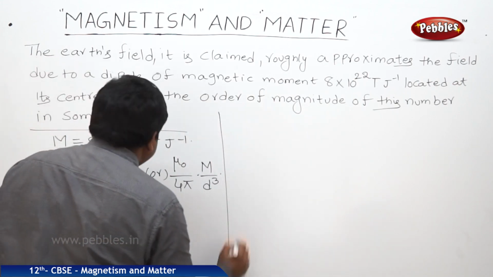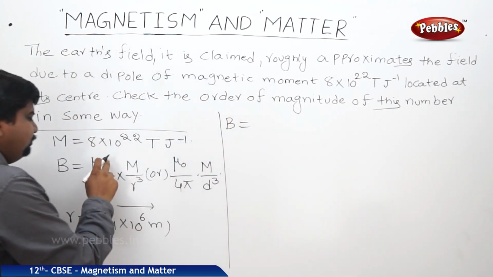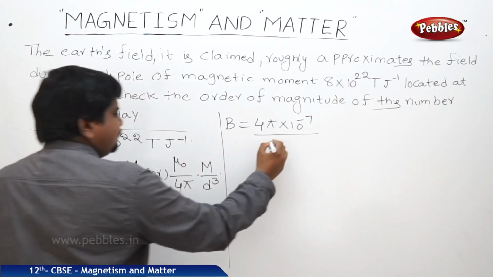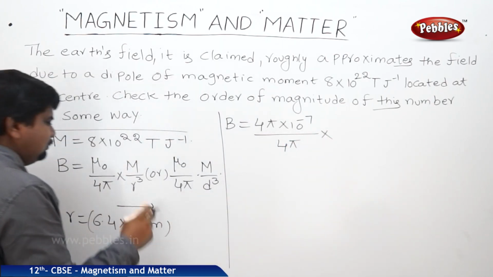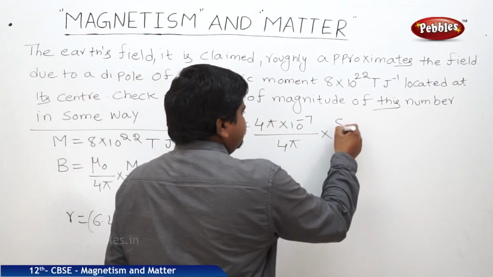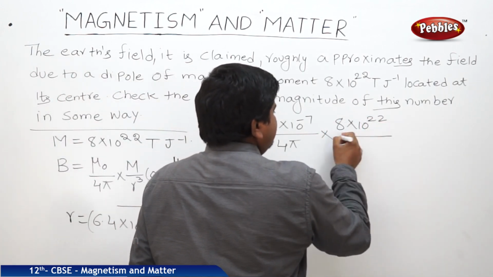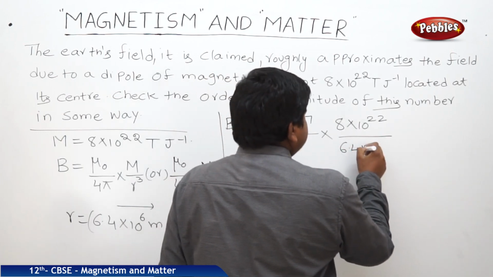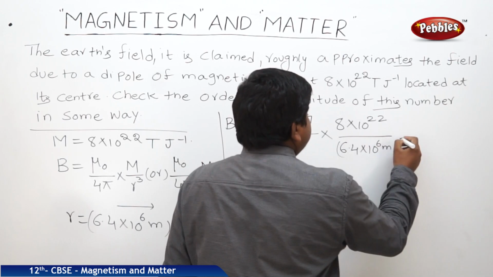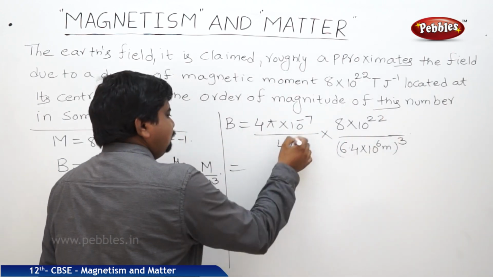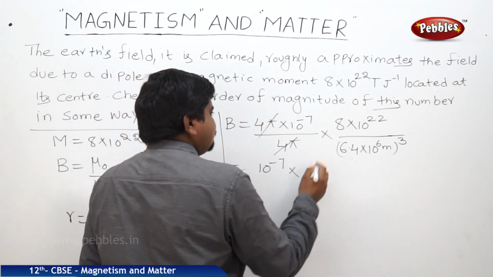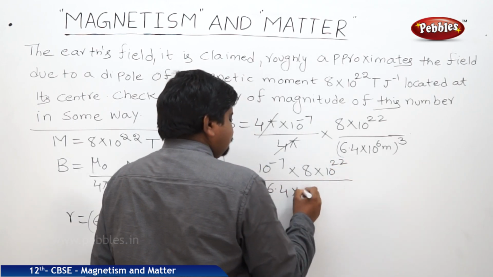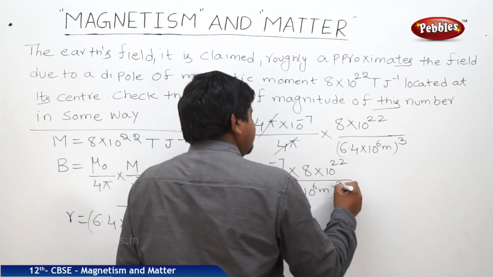If we substitute these values, B is equal to mu naught is 4 pi into 10 to the power of minus 7, whole divided by 4 pi, into m is 8 into 10 to the power of 22, whole divided by r is 6.4 into 10 to the power of 6 meters, whole cube. 4 pi gets cancelled. 10 to the power of 7 into 8 into 10 to the power of 22 by 6.4 into 10 to the power of 6 meters whole cube.